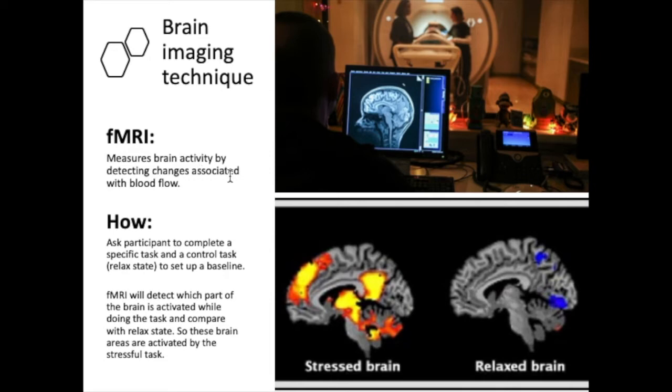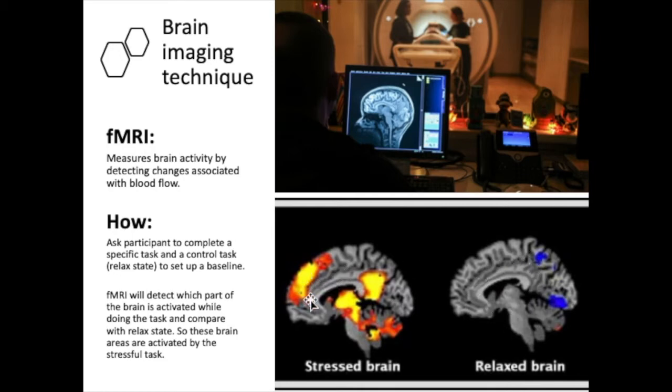Now how can we check whether someone is stressed out or relaxed using fMRI? We ask a participant to complete a specific task, something that can get them to stress out, and then on another occasion we ask them to do a control task, where they are more relaxed, and we see the difference between the activity. fMRI will detect which part of the brain is activated while they're stressed out, and compare it with the relaxed state.